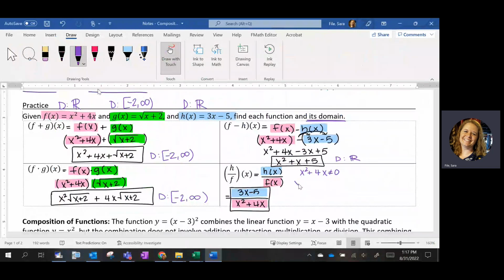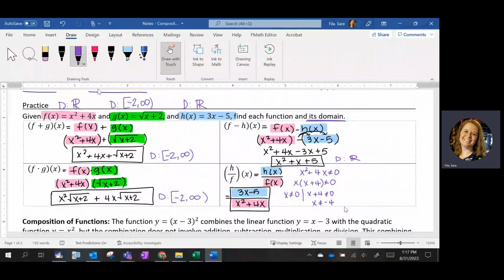Okay, so I can take out an x. Okay, and then I would split and solve each factor. So this means x cannot be 0 and x plus 4 cannot be 0. So x cannot be negative 4. So x cannot be 0 or negative 4. Does that make sense?